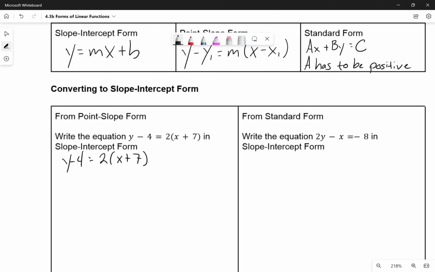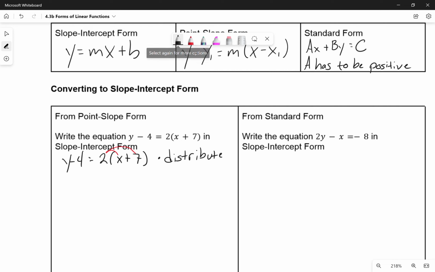So the first step that we need to do is distribute. And the reason why we distribute first is because if you look at it, right now you don't quite know what to do with it. So we're going to distribute 2 inside our parentheses. 2 times x and 2 times 7.